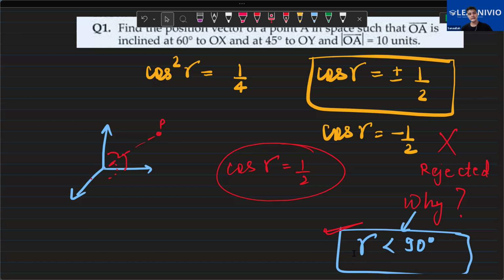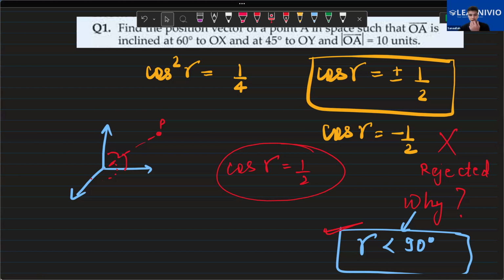Because you have cos 45 degree, and cos gamma आपका कितना आ गया? 1 by 2. So 1 by 2 i cap, 1 by root 2 j cap plus 1 by 2 k cap. This is the direction of your OA vector. Okay, and the magnitude is already given. So just multiply the direction with the magnitude, and you will get your OA vector.